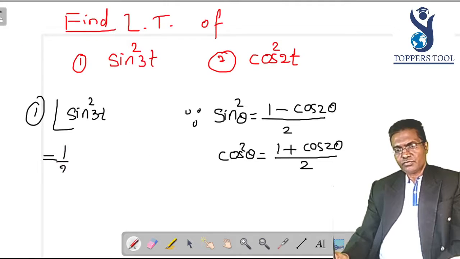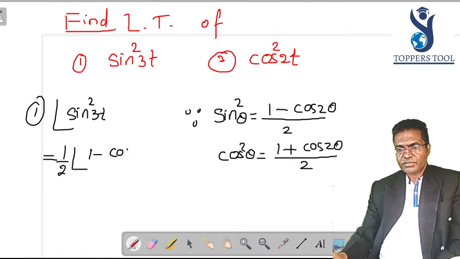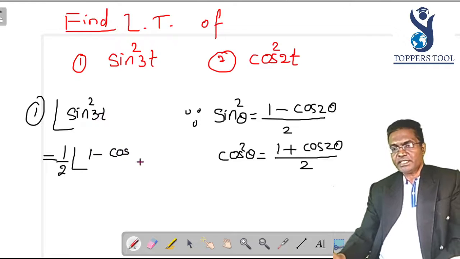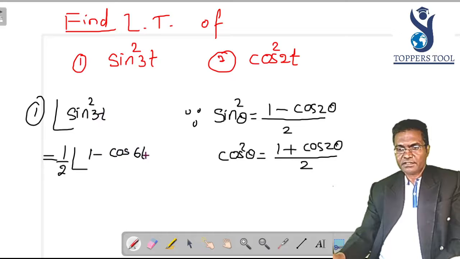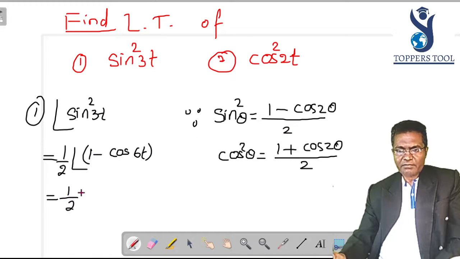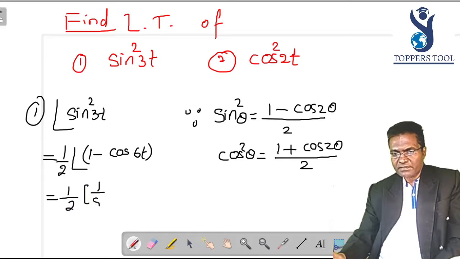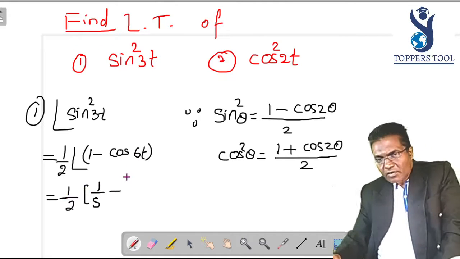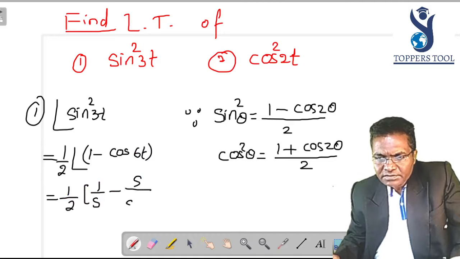So it's 1 by 2 L of 1 minus cos of double of this. Double of 3t is 6t. Okay, using this formula. 1 by 2 outside, 1 minus cos of double of this. So directly you can write 1 by 2. Laplace transform of 1 is 1 by s. Laplace transform of cos is s by s square plus 6 square. You can write directly 36 or 6 square.